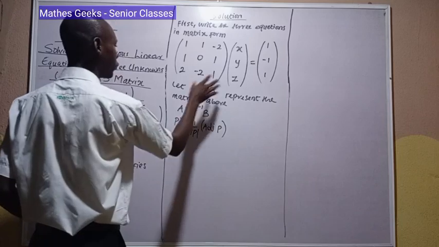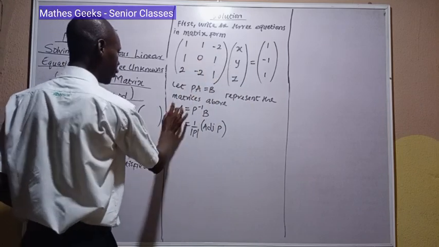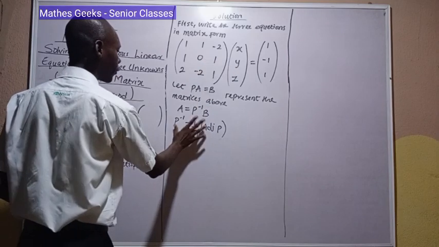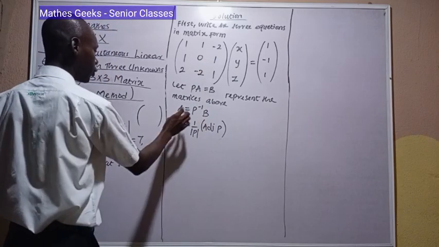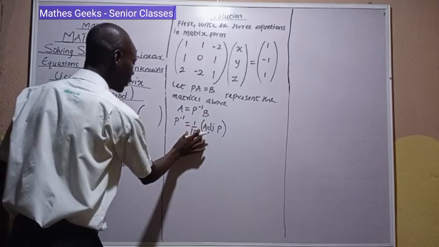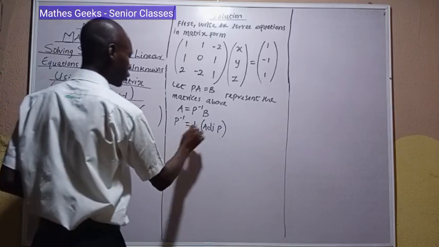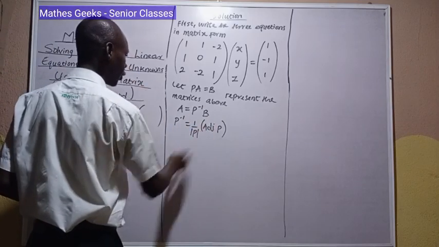At the end of the day, we're going to bring this equation back as it is, but for now I want to use letters to represent each of them. So the first thing we're going to do is to determine P inverse. The determinant of P is already given to us from the question, so what we're going to do is look at the adjoint of P.